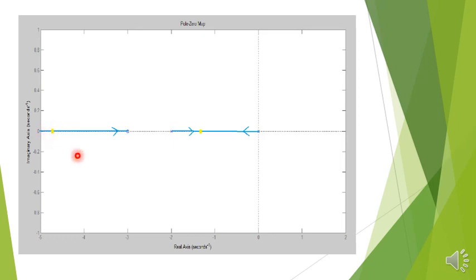So both these points are valid breakaway points. As I told in the beginning, there exists a breakaway point in between this and somewhere here. So this is one breakaway point and this is the other breakaway point: -1.27 and -4.73.